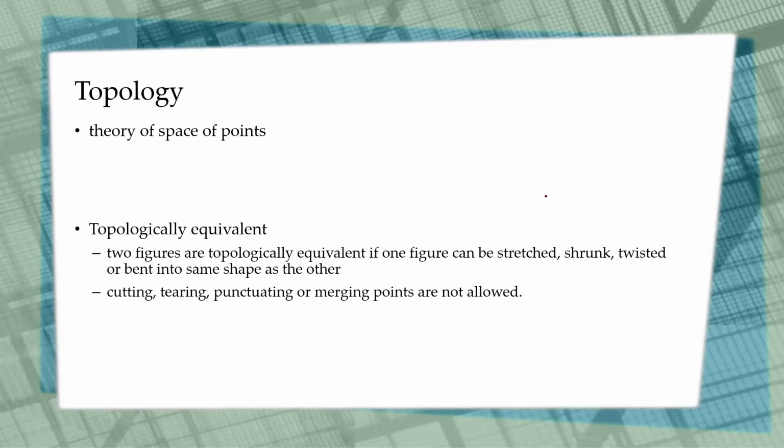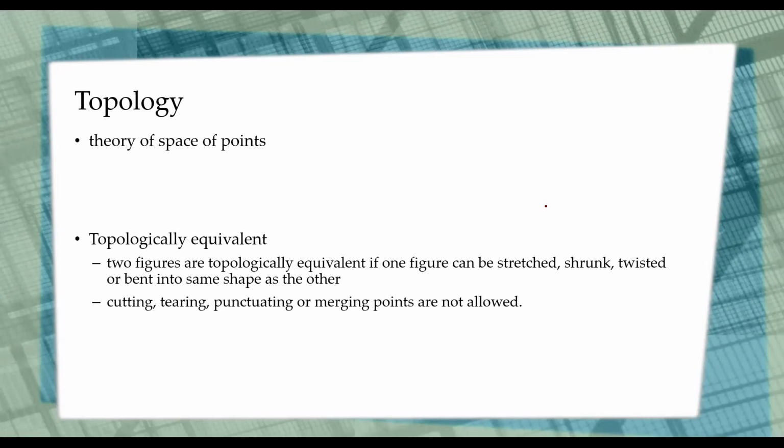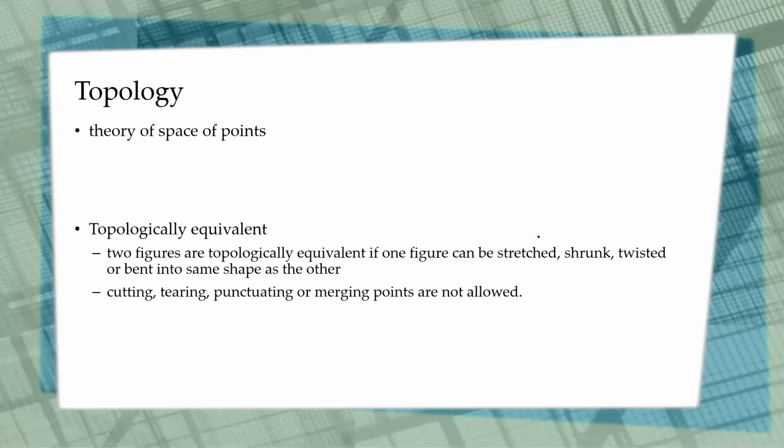Yan yung ibig sabihin. So for example, yung clay. Kung mag-ano kayo ng clay, pwede nyo siyang shape as a sphere, right? Pwede nyo siyang shape as a sphere by just stretching, twisting, or bending it.